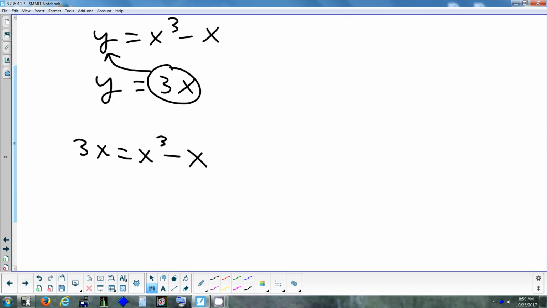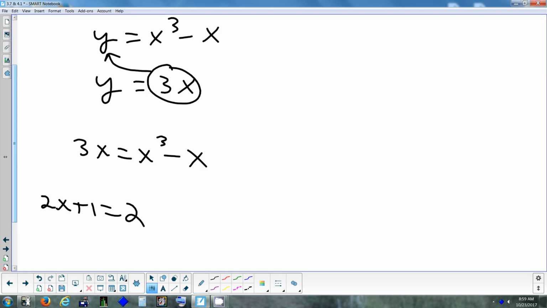And now to solve it, we want to get it equal to what? I don't think we're going to be able to get x by itself, like an algebra 1 kind of equation, just because there's x's with different exponents.